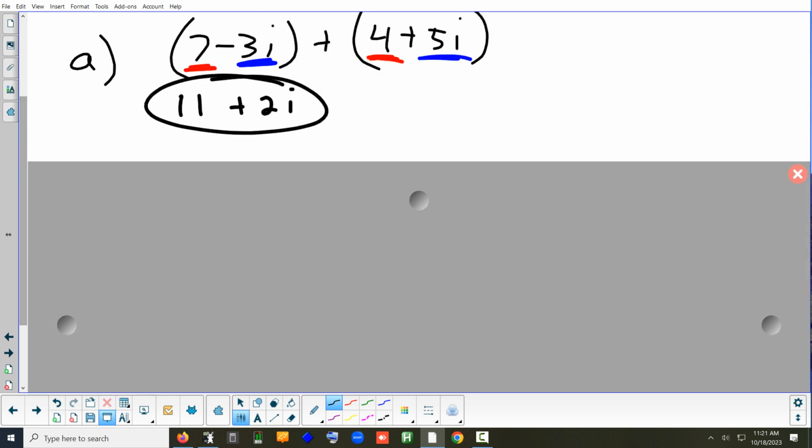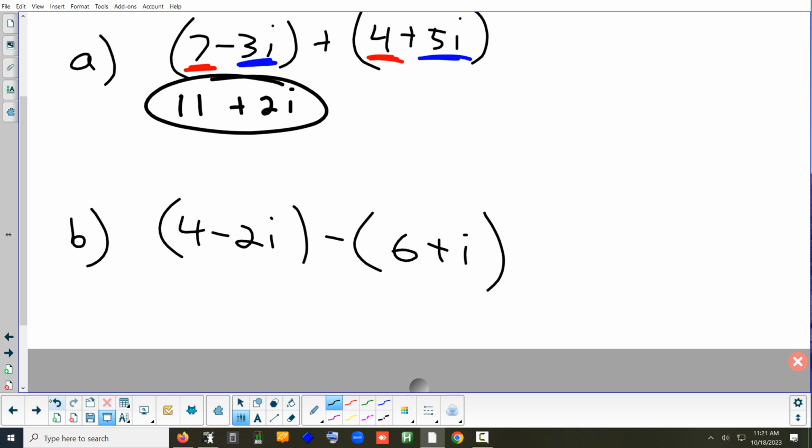Subtracting is pretty similar, except think of this negative as being distributed. So you're going to subtract 6 from the real part in the first parenthesis, and then you're going to subtract i from the imaginary part. So what's the real part going to be when you subtract these two?